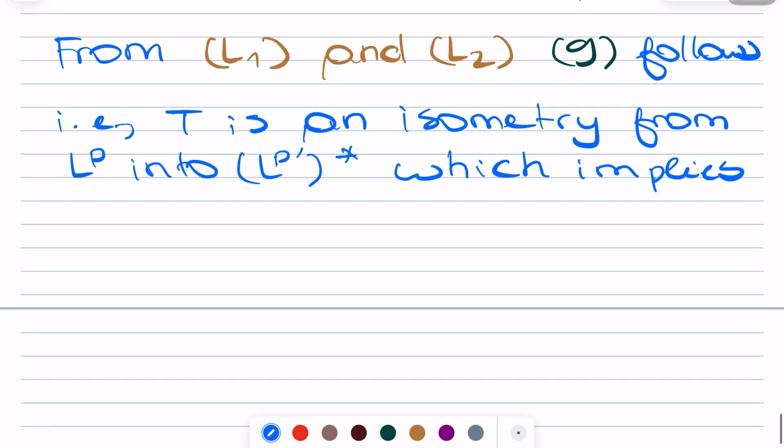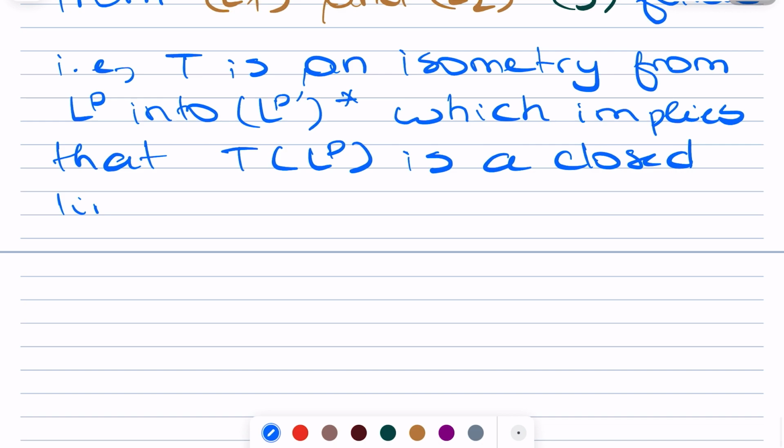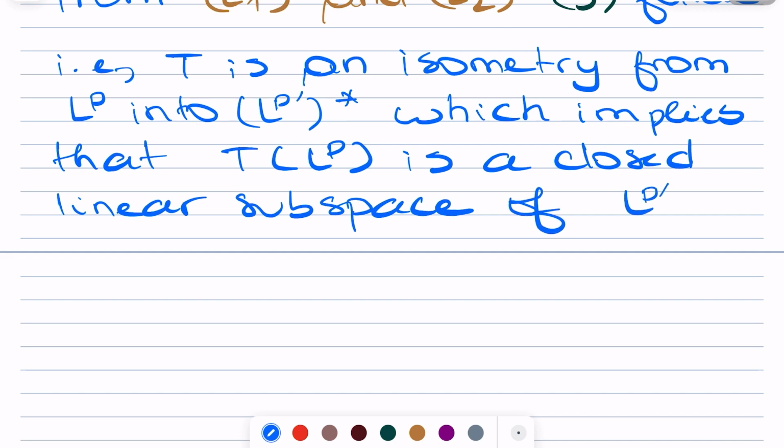Which implies that the image space T(L^p) is a closed linear subspace of the dual space of L^p', because L^p is a Banach space.